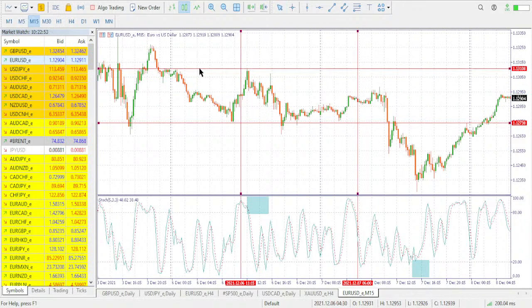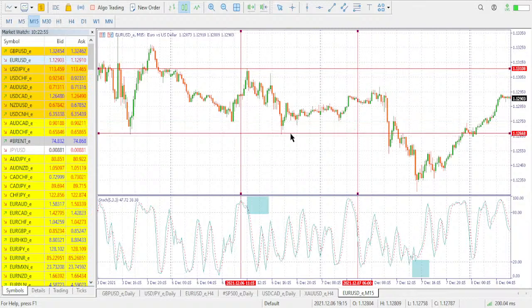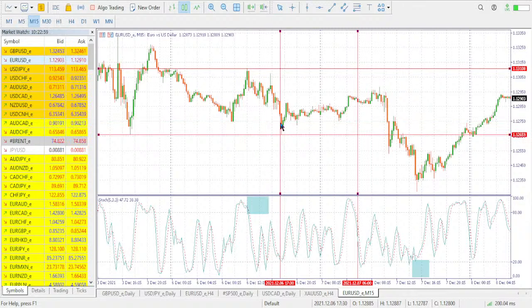This is this day's highest high, and this is this day's lowest low. But as you can see, the price actually did not break below this low, the oversold area. So this was not a good low. We want a case where the price actually bounced off from the oversold area, and that did not happen there.